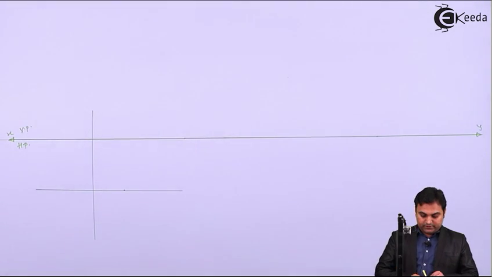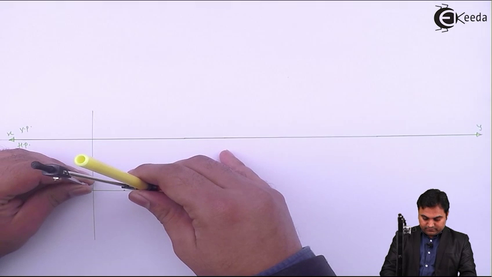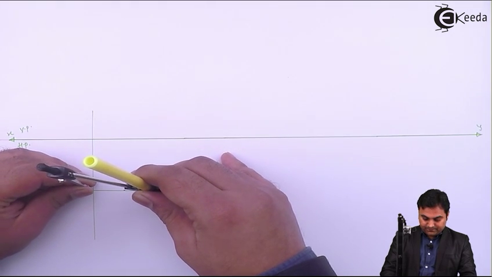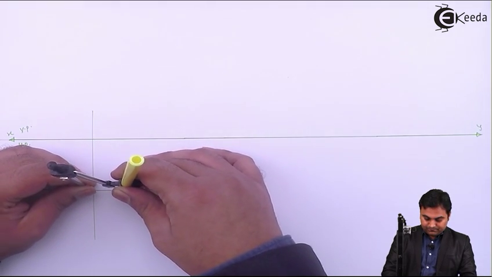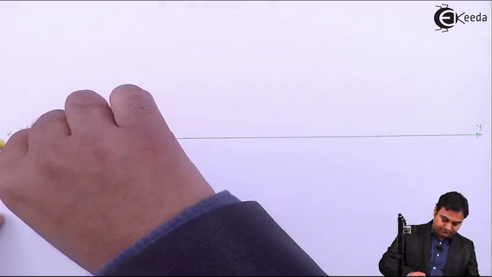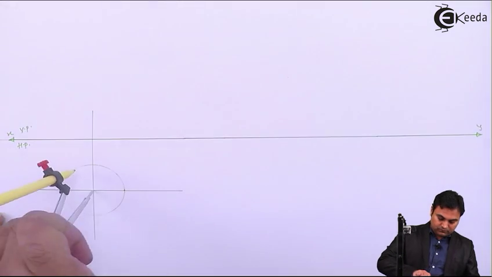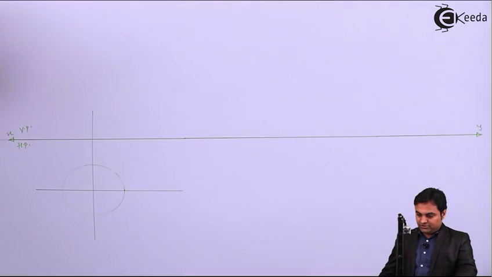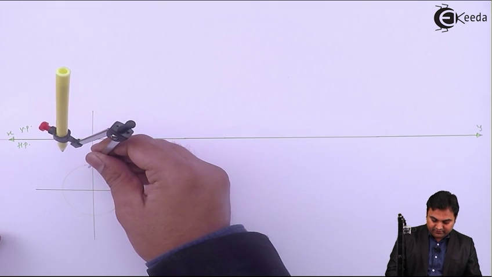Then in the compass, measuring this distance from the center, drawing a light circle. Since it is resting on an edge, I want an edge on the right hand side.